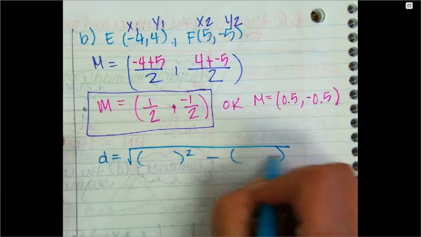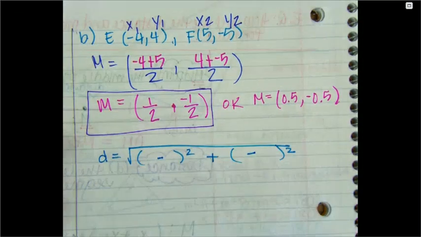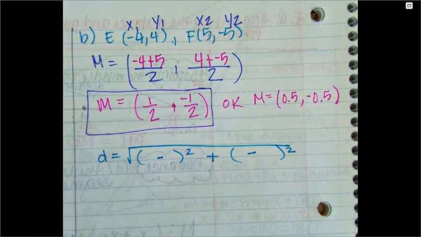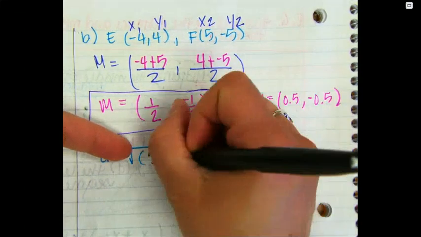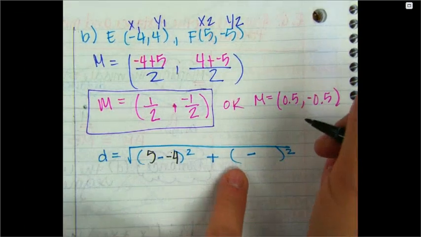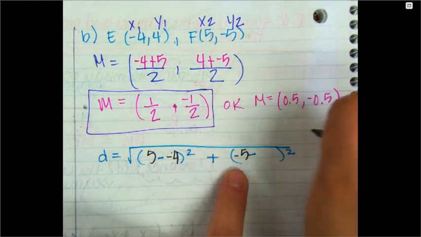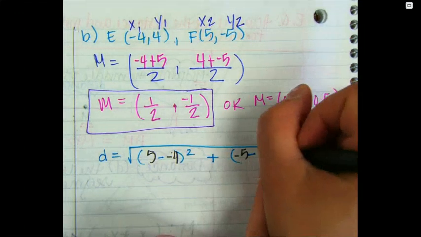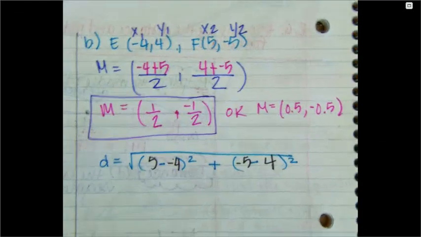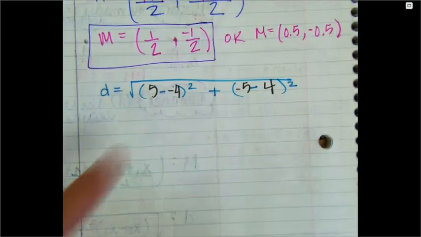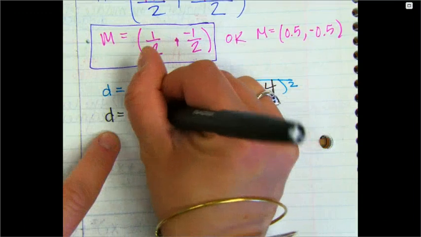Is it plus or minus in the middle? Minus and minus. All right, so it says x2 minus x1. What's your x2? 5 minus your x1, which is -4. Good. The next one is what? -5 minus +4. Did you label? 5 minus a -4 is really 5 plus 4.